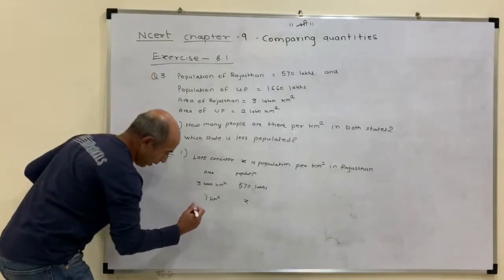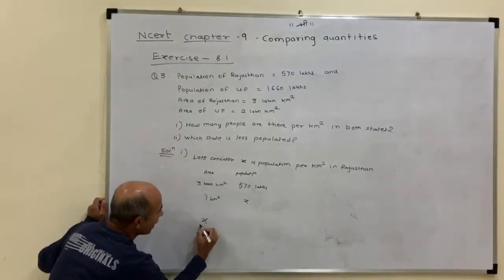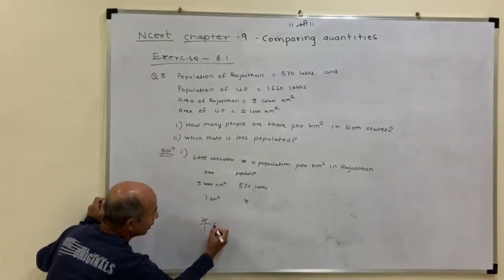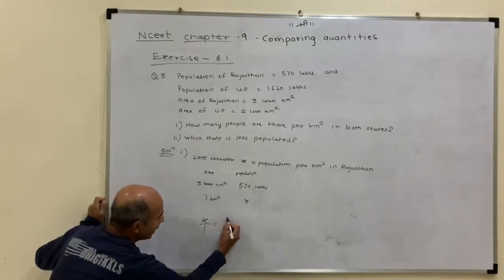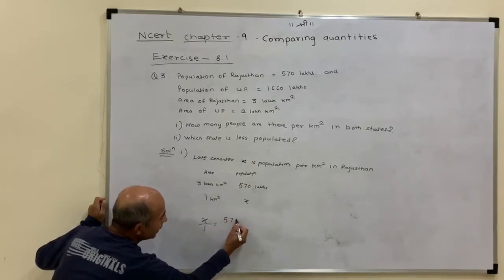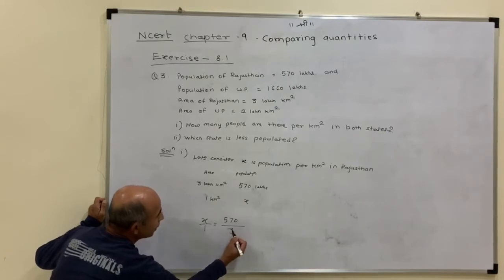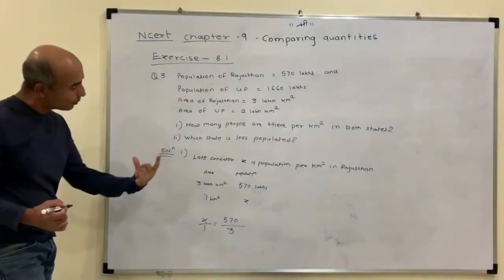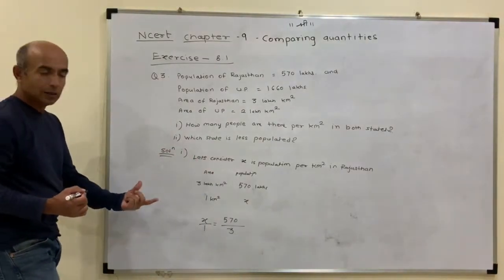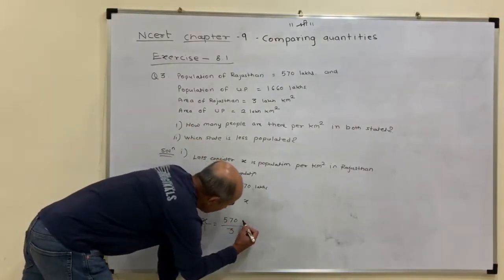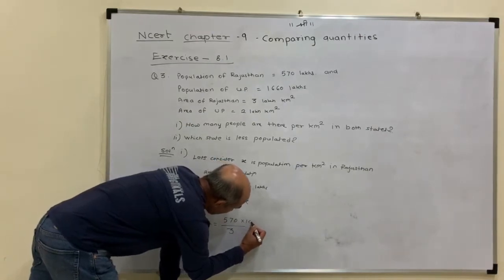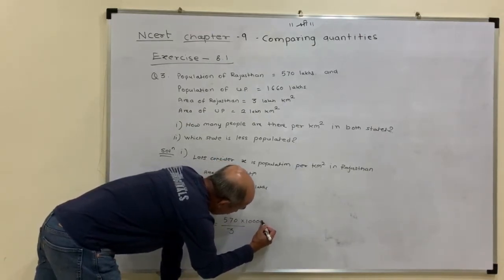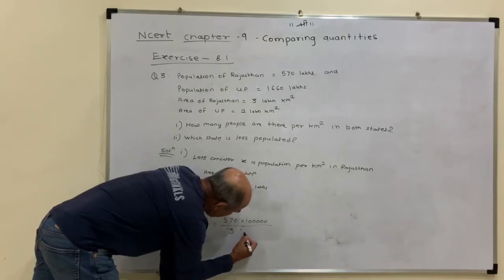So now X divided by 1 equals 570 lakhs divided by 3. Why am I saying 570 divided by 3? Because both of them are in lakhs. So 570 into 1 lakh and 3 into 1 lakh.